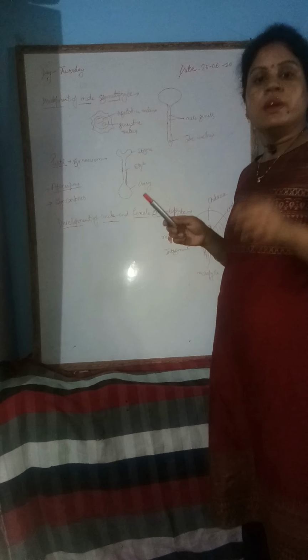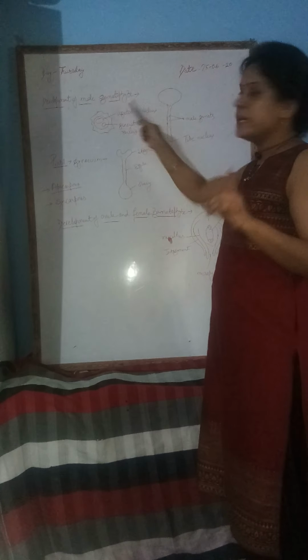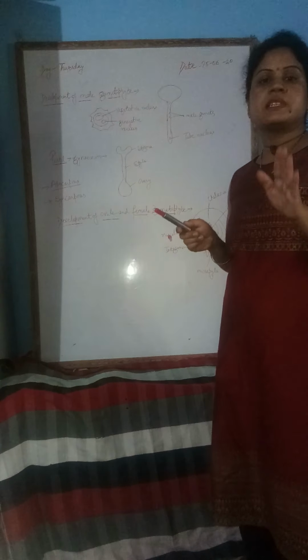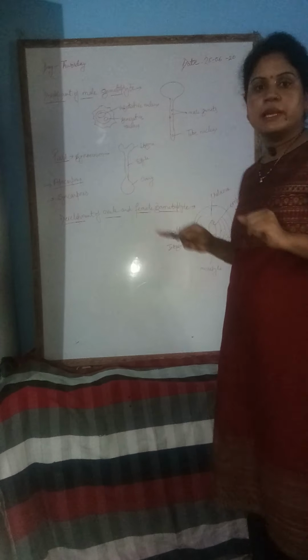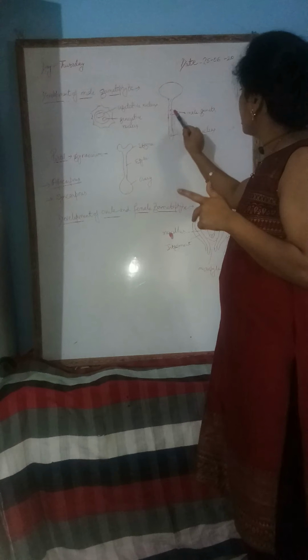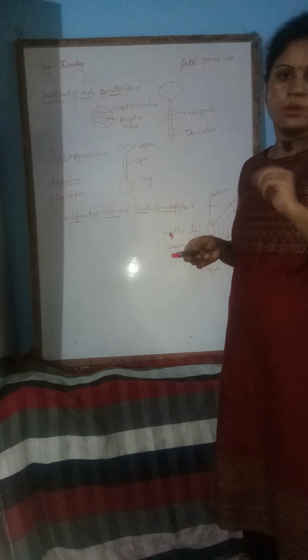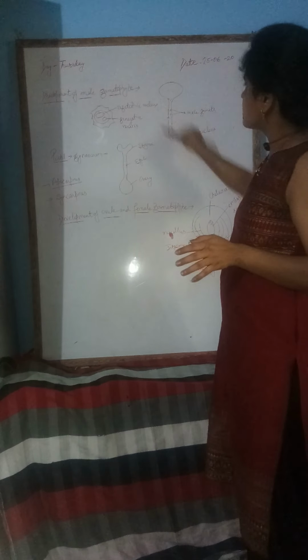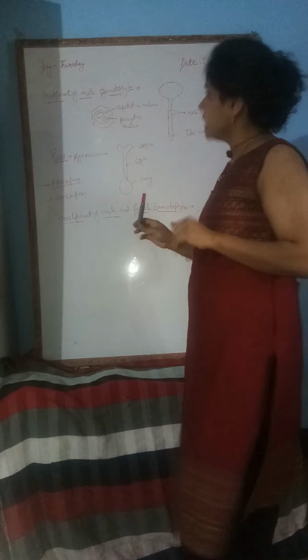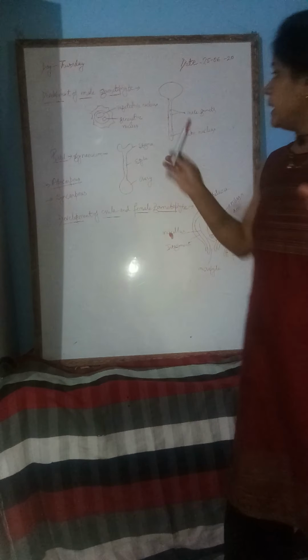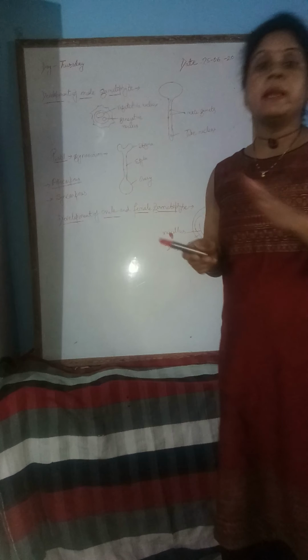Now in the stage of male gametophyte, a tube has 3 nuclei. The front one is called the tube nucleus and the latter 2 nuclei are called male gametes. Here this is the structure of the male gamete. Now this is all, and now we will study the female part.